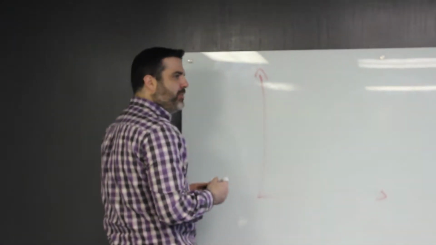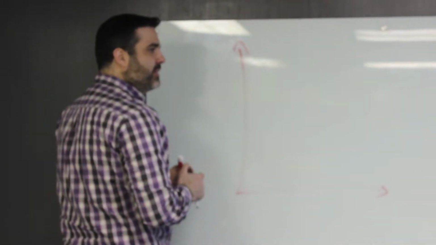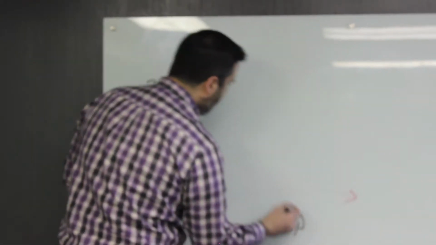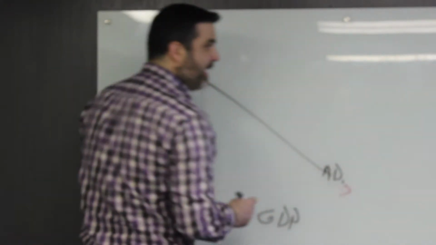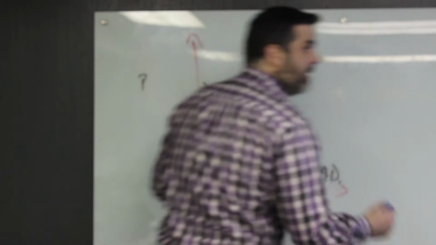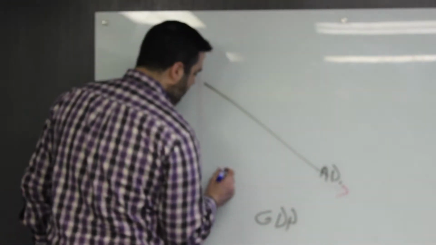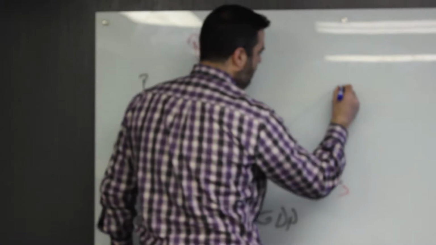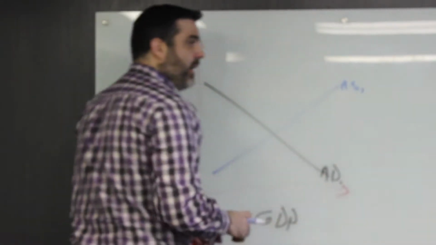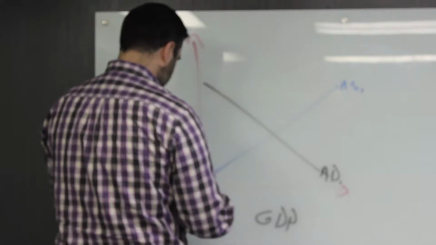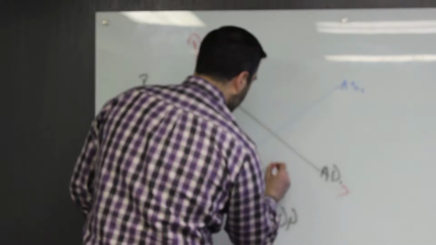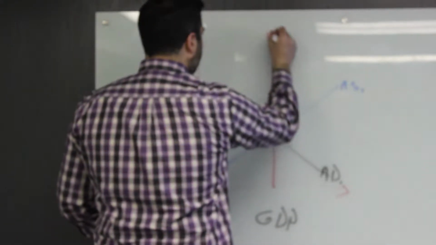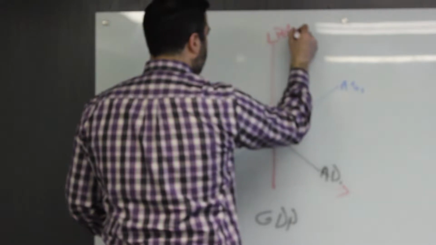We live in a place, and in this place we have price, and we have GDP, and we have an aggregate demand curve, and we're going to imagine that it's straight. We have aggregate demand 1, and we have aggregate supply 1, and we have long run aggregate supply 1.